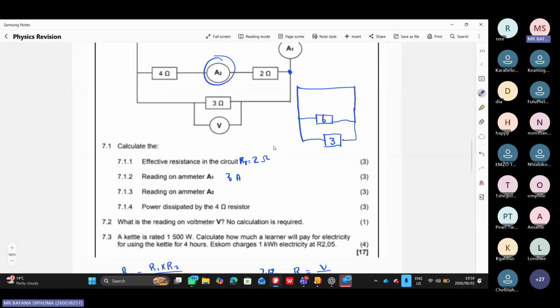And then on this other branch, there will be a bigger value because 4 plus 2 gives me 6 ohms in total, and this one is 3 ohms. According to Ohm's law, the bigger the resistance, the smaller the current. That is why I'm saying A2 will have a smaller value. But let's prove it in terms of calculations.